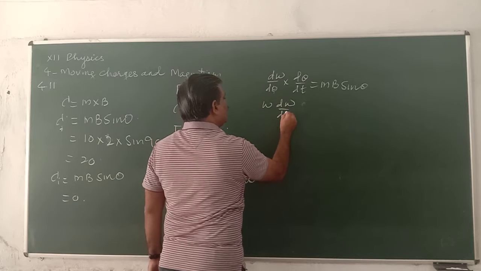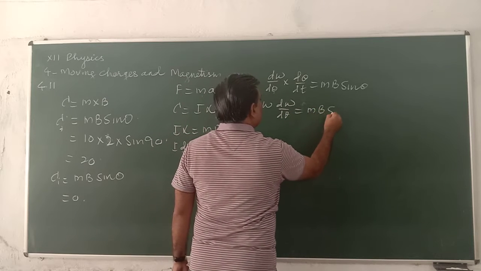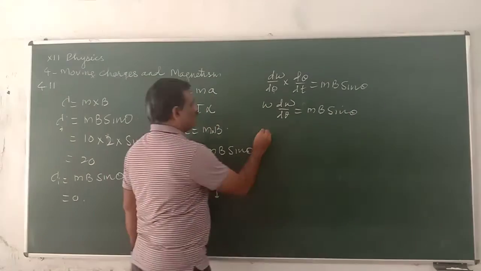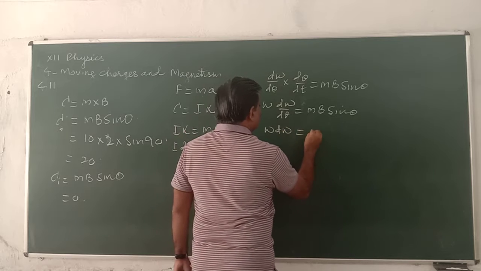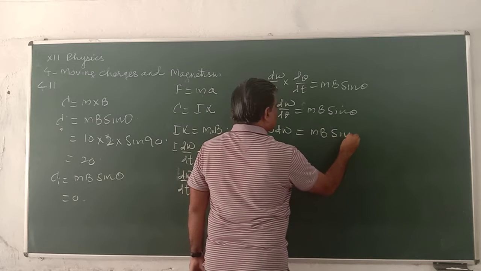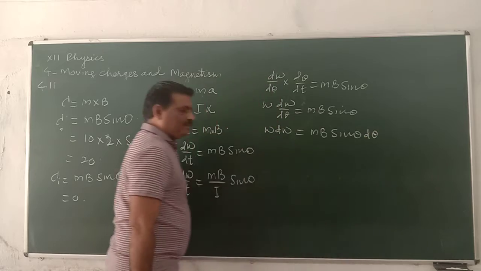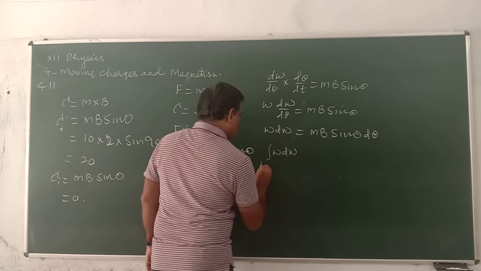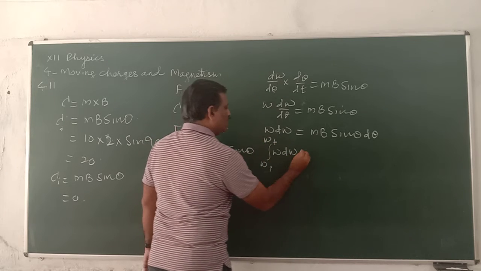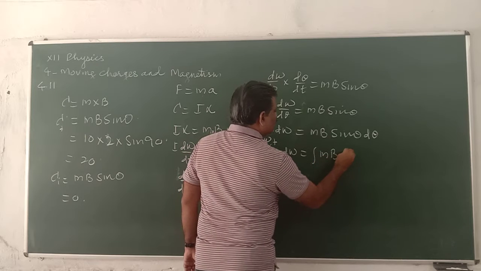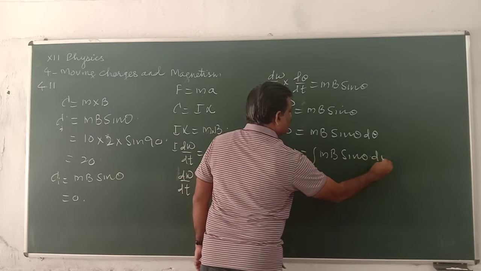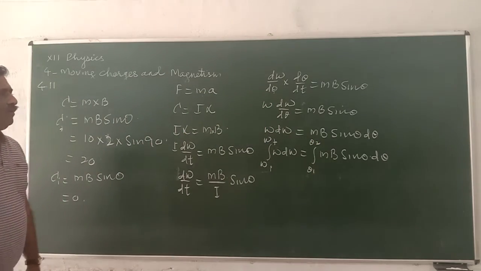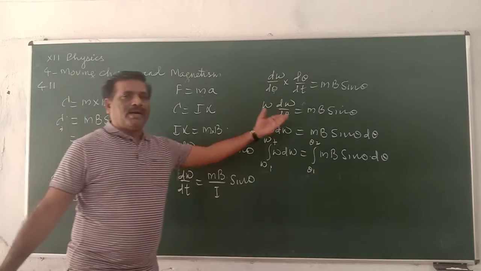So omega d omega is equal to MB sine theta d theta by I. When we integrate both the sides, omega d omega from omega initial to omega final is equal to MB sine theta d theta, and we rotate it from 0 to pi by 2.